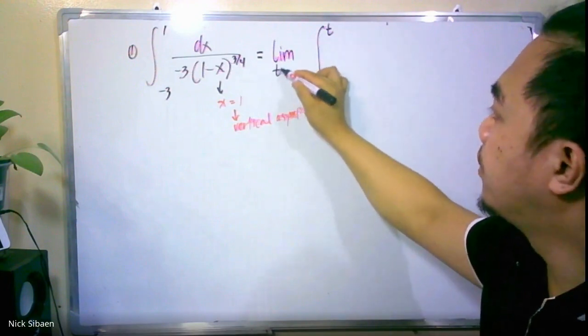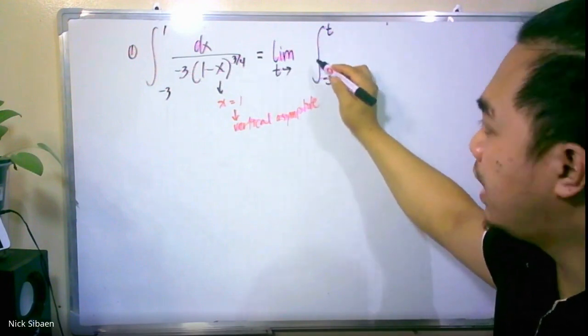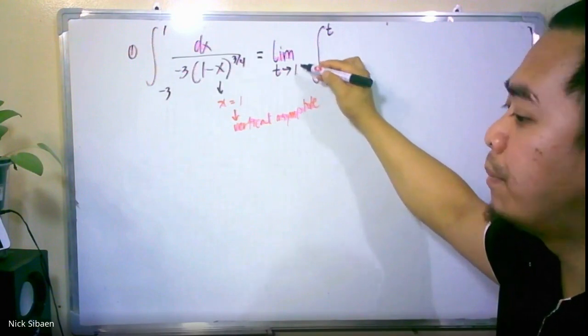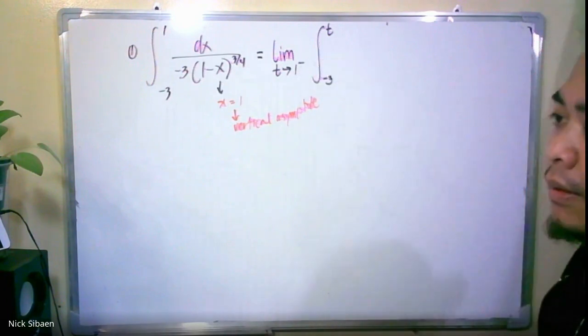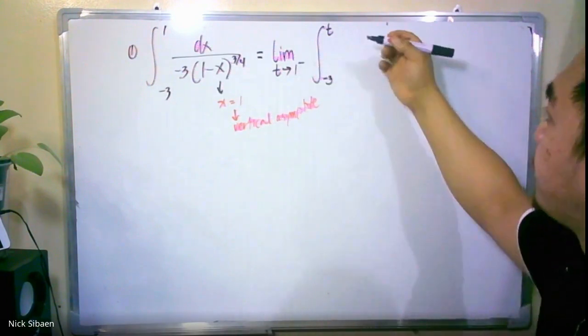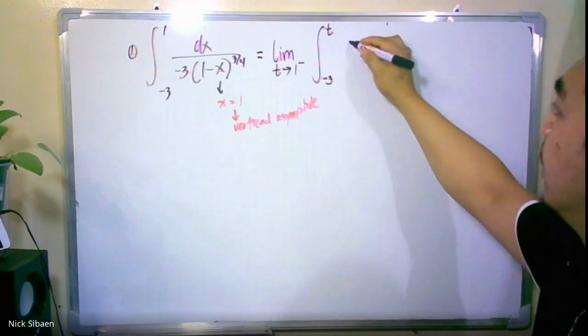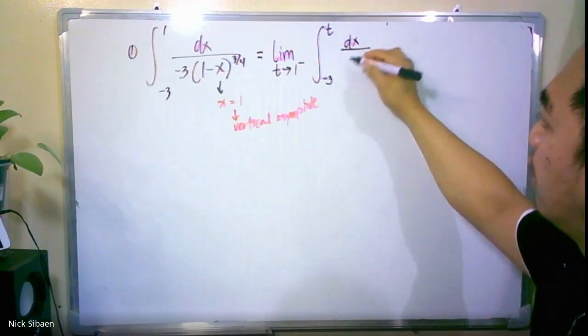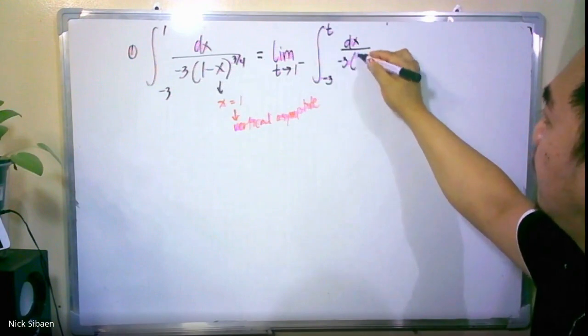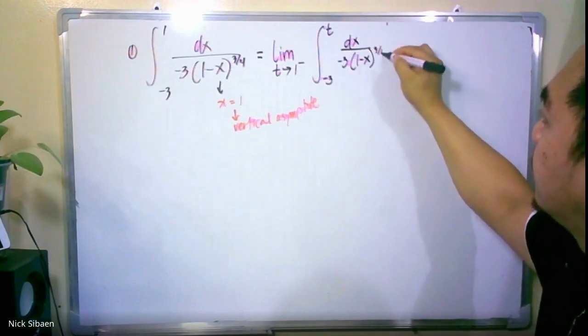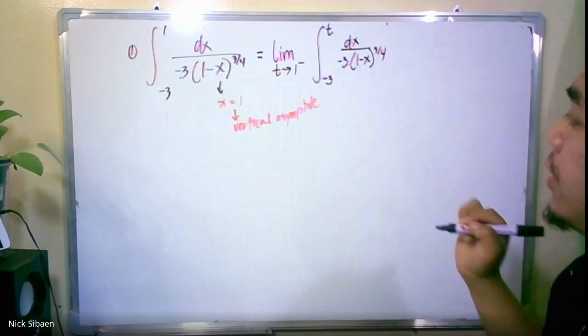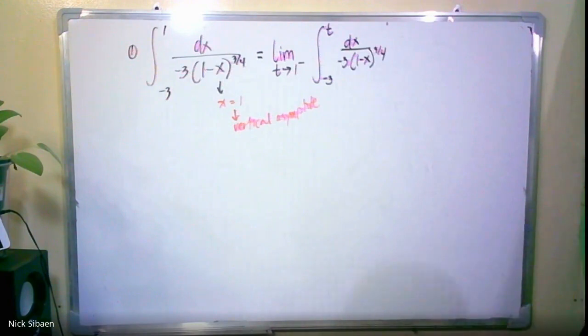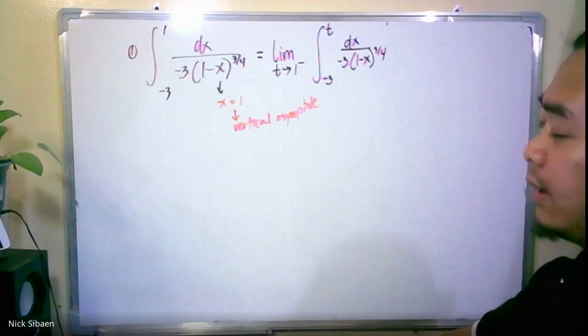And then t approaches 1 from the left. From the left. Okay. Copy the function now. -3, 1 minus x raised to 3/4. So actually, yun lang naman. Tapos, kailangan lang nating ulit i-integrate ito.